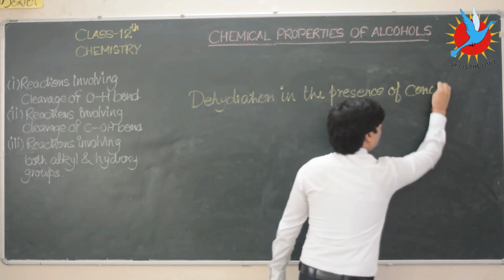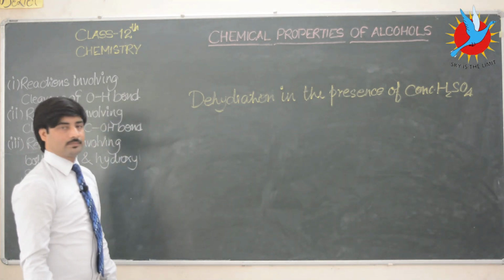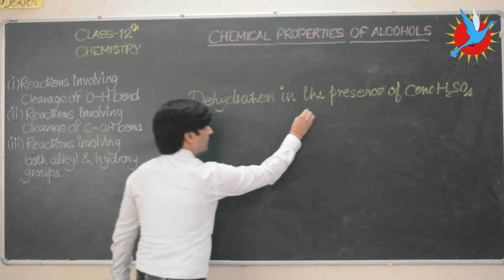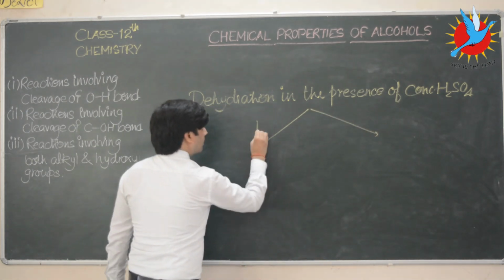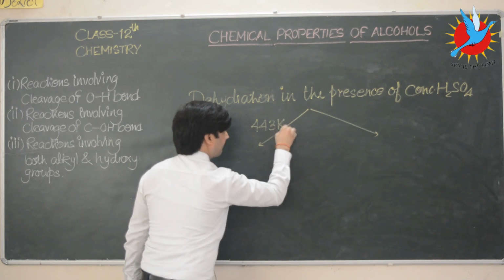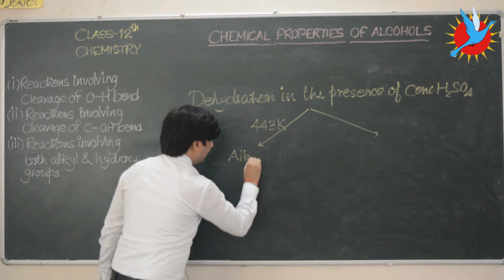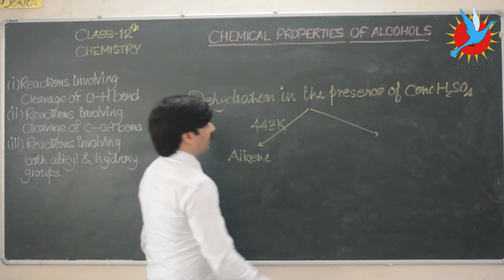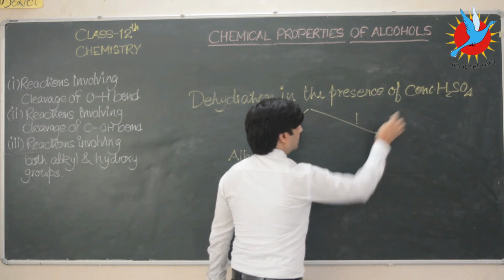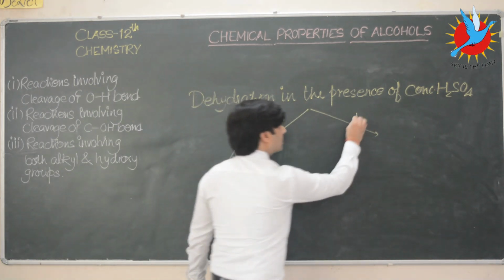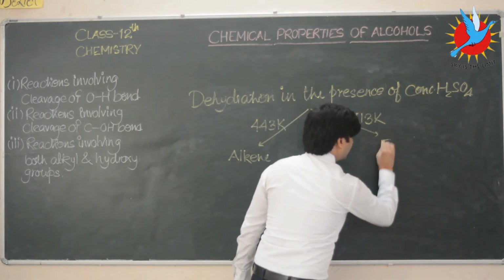If dehydration takes place at a temperature of 443 Kelvin, then the product will be alkene. And if dehydration of alcohol takes place in the presence of concentrated H2SO4 at a temperature of 413 Kelvin, then the product will be ether.